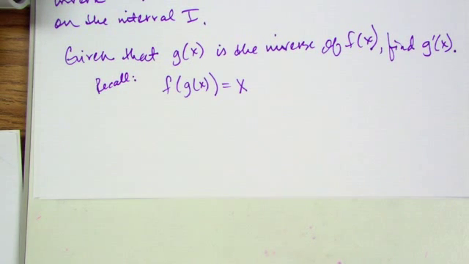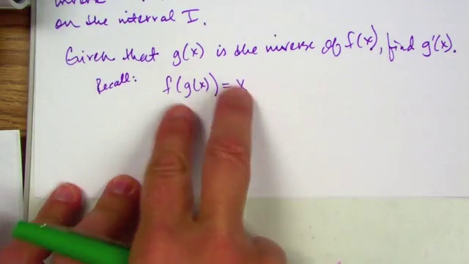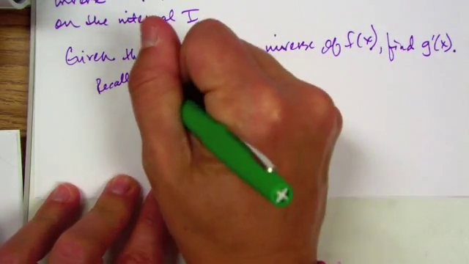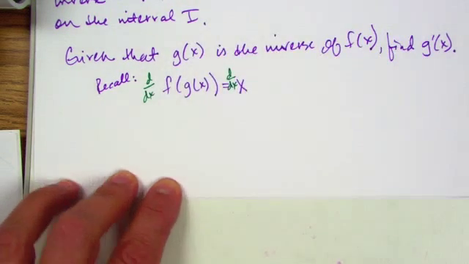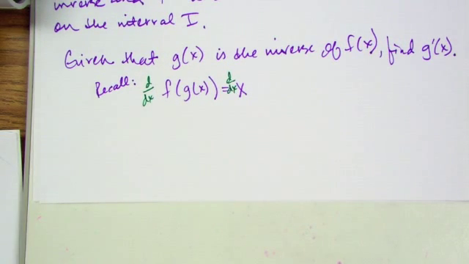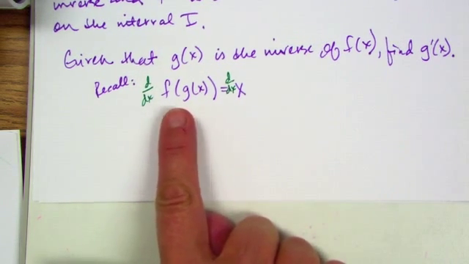Okay, well, let's find the derivative of this. I need to find the derivative of both sides, right? Yes, I'm going to have to do the chain rule. Okay, so what is the derivative of this side?